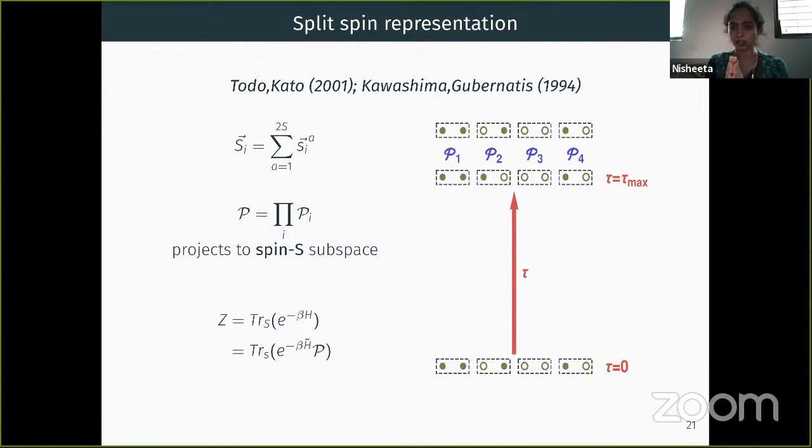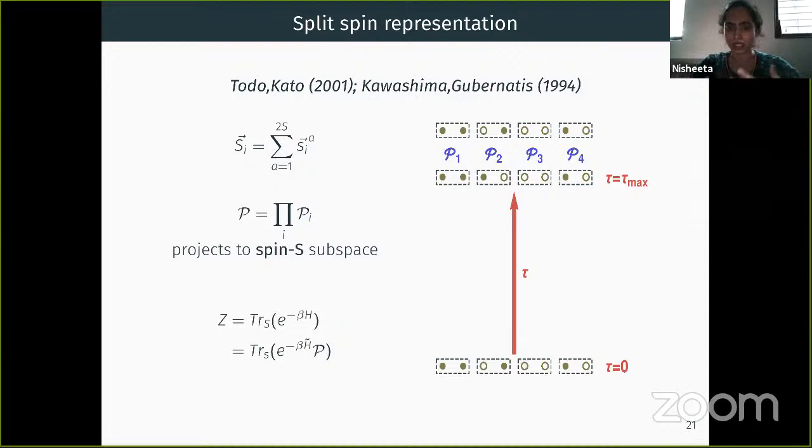So what the projection operator does is it makes sure that the spin state comes back to itself in the imaginary time direction, but up to a permutation of up and down spins at each site. This is how we simulate a spin S model in terms of spin halves.